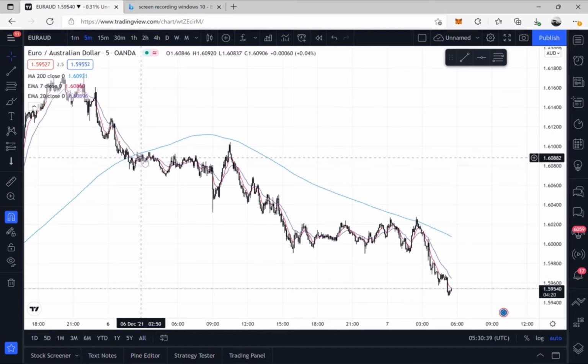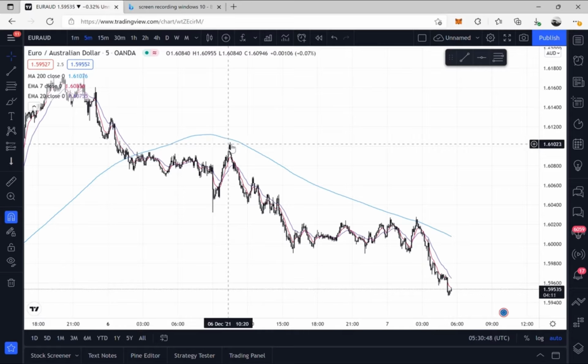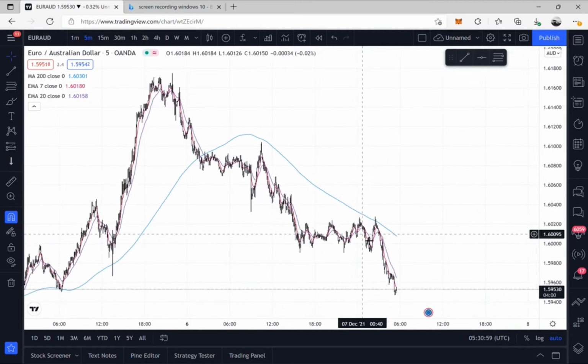This is where it would have crossed, so you want your stop loss to be at the previous low. As you can see, it got really close here, but it didn't hit, so you would have still been in profits.